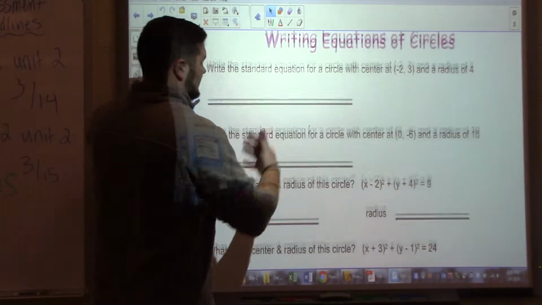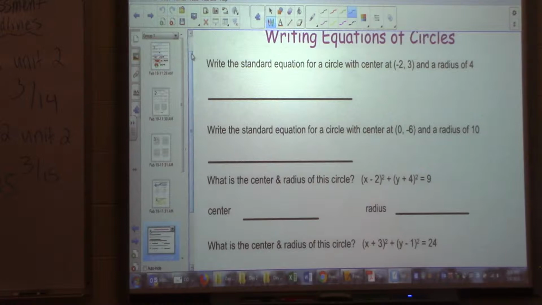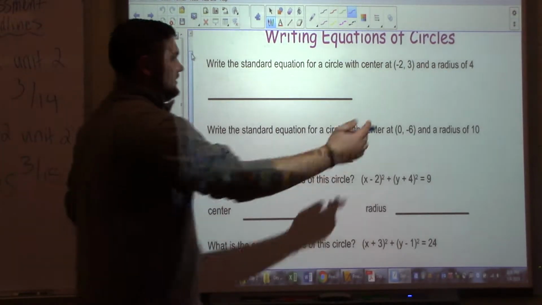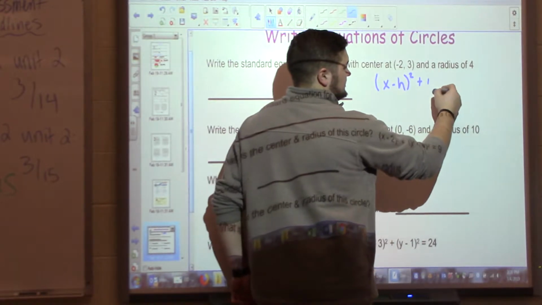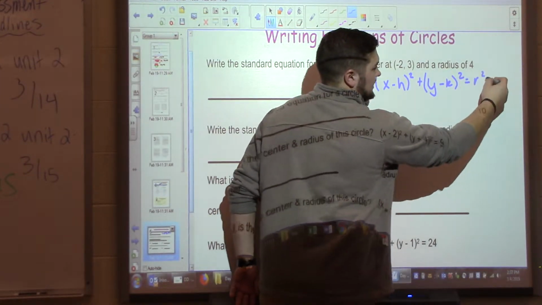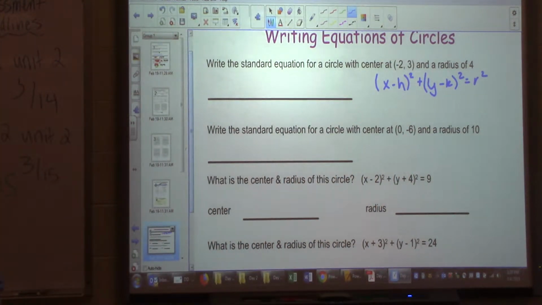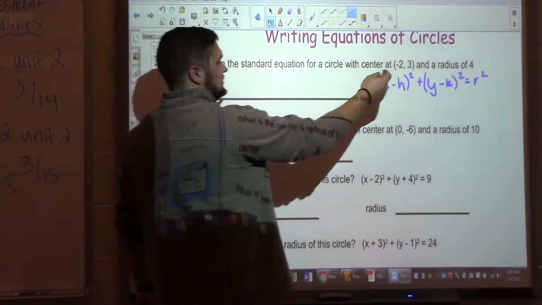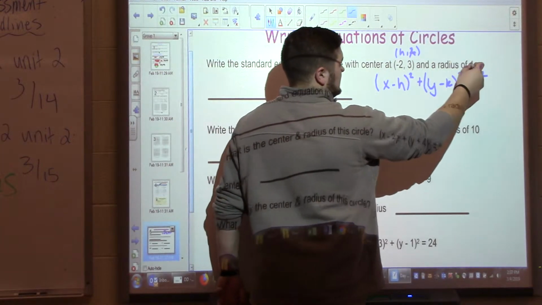Our first one: standard equation for a circle centered at negative 2, 3 and a radius of 4. Well, we just said we're using (x minus h) squared plus (y minus k) squared equal to the radius squared. That's our new standard form equation. Negative 2, 3 is h, k, radius of 4.